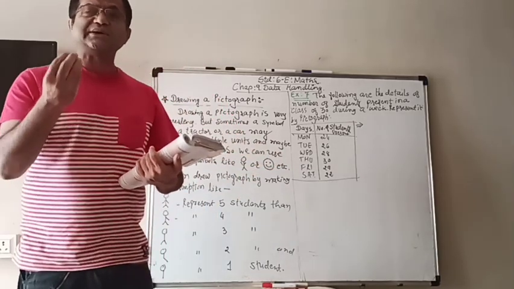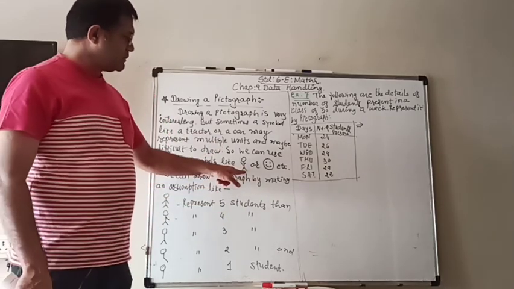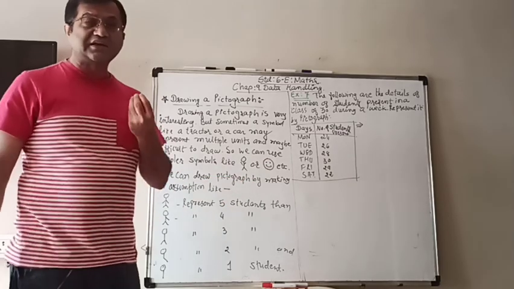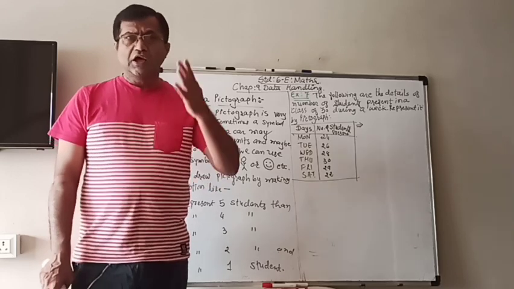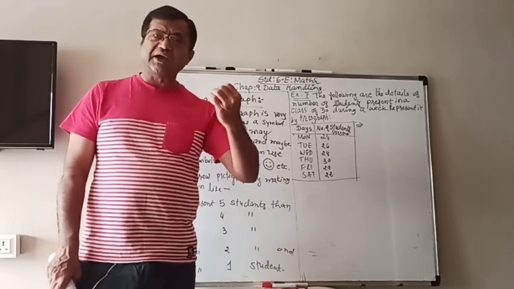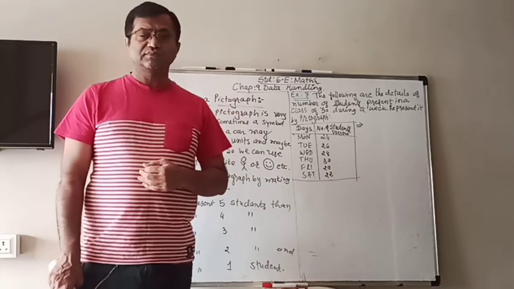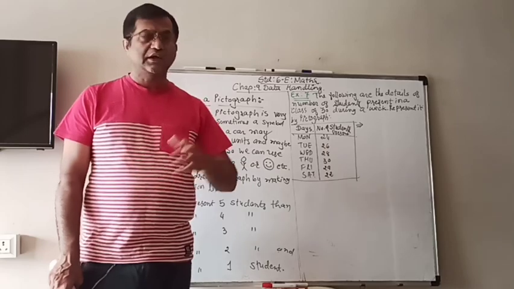We can use simple symbols like this man or a smiley, or you can take a star, etc. Then we can draw the pictograph very easily and there are no difficulties.